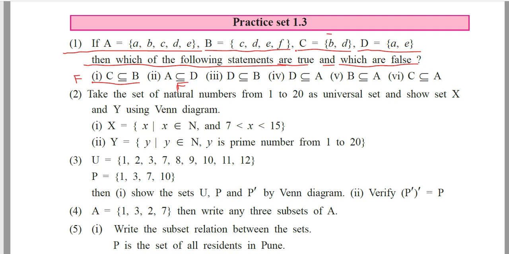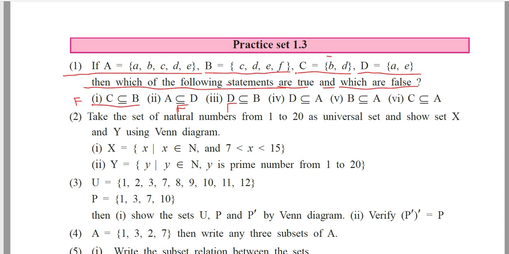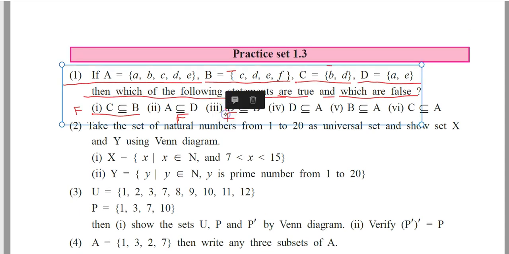A is not a subset of D. Next, D is a subset of B. Again it is false because A is not in B. D is a subset of A. Yes, D is a subset of A because A and E both are in A. B is a subset of A. Again it is false because F is not in A. Now last, C is a subset of A because B and D are in A. Therefore it is true.